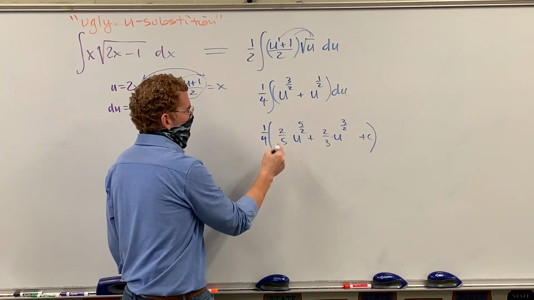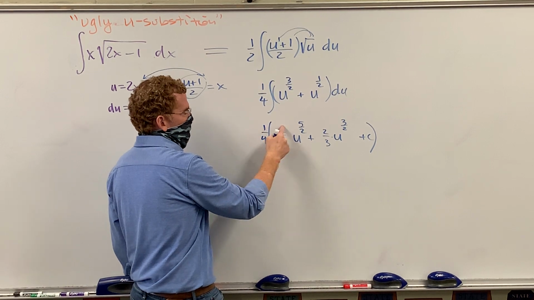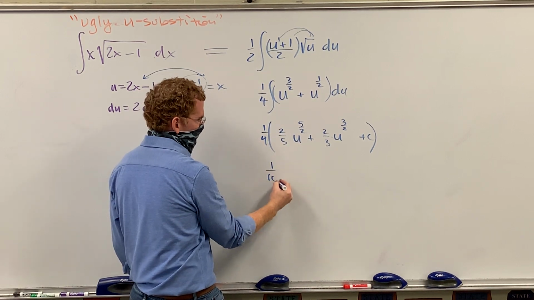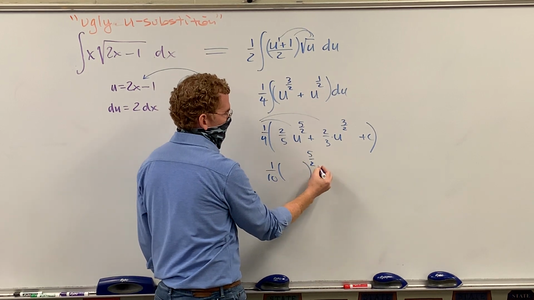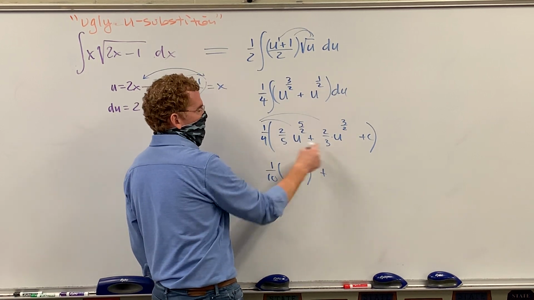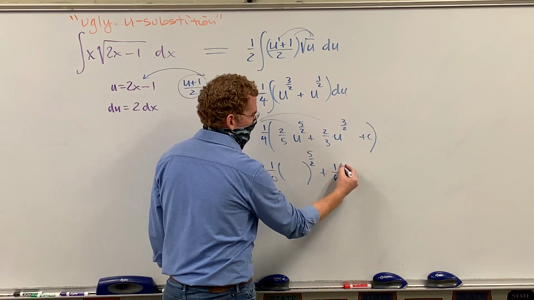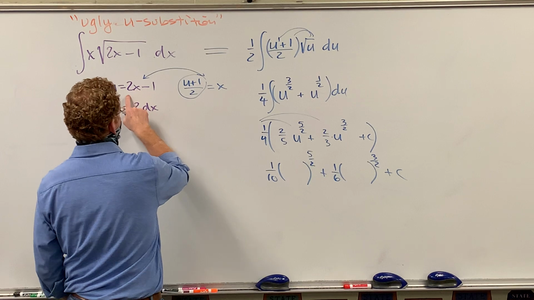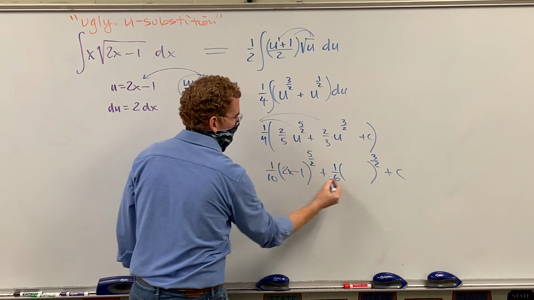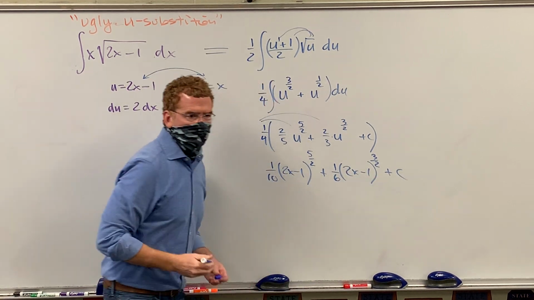And then when you're finished, you end up with 2/20 or 1/10. I'm distributing this in u to the 5/2. And then that times that is 2/12 or 1/6 u to the 3/2 plus c, and then take your u and plug it in.